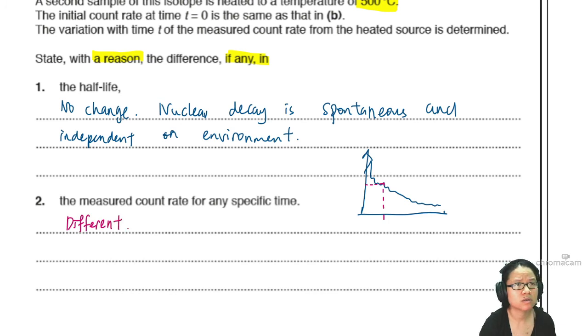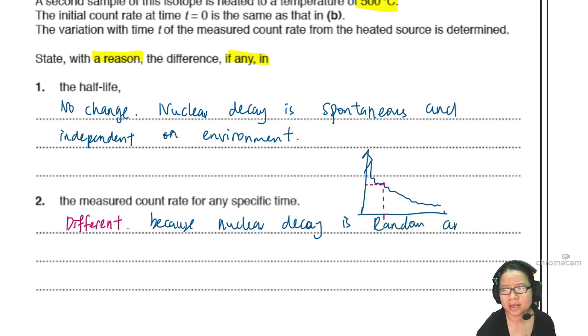Okay? And then the reason would be because the nuclear decay is random and cannot be predicted. Over time, you will have a certain trend.